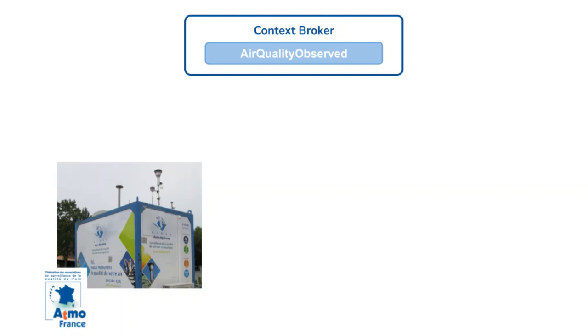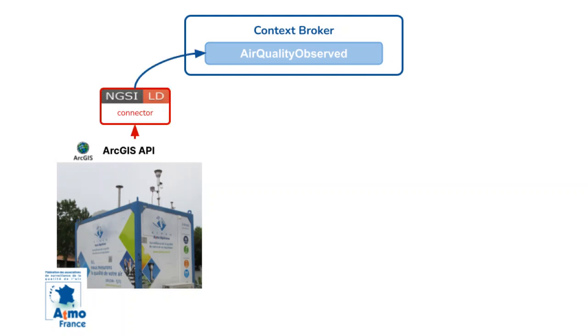So we have created the entity type air quality observed on our context broker, and we're going to start to collect the data coming from the air quality stations already installed in the pilot city by the French Agency for the Air Quality Monitoring, and those data are made available through an ArcGIS API, and we are going to use our existing connector to NGSI-LD context broker to collect this data and publish them as air quality observed entities.